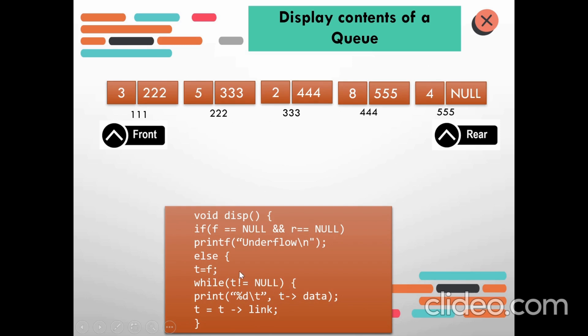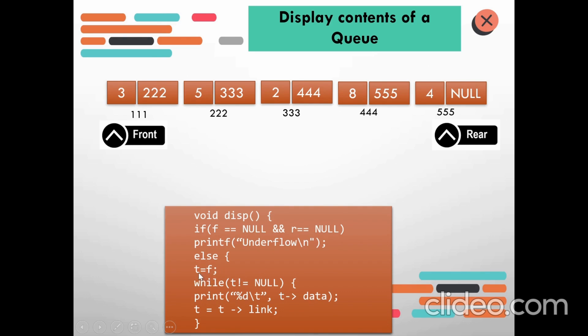As we saw in case of stacks also, we preserved the value of top so that we always remember the value of top. Similarly, in this case, we need to remember the values of front and rear, and if and when these variables are needed for some intermediate operations, we can use some temporary values, which is what we have done here.